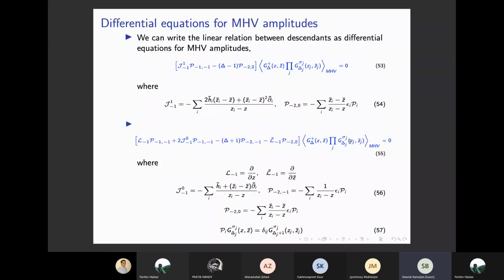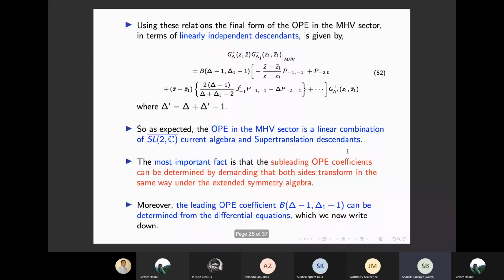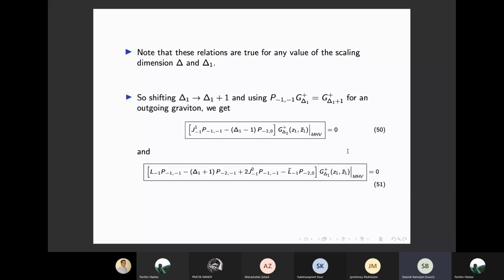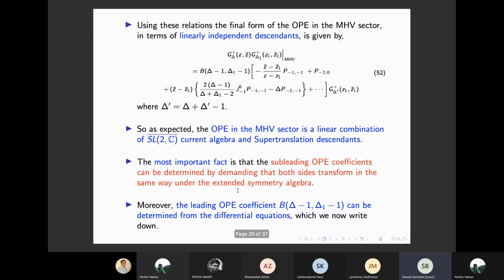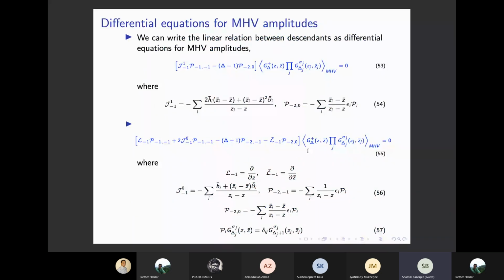Suppose you have an n point amplitude, and then you have n minus 2 positive helicity gravitons, and you get n minus 2 such differential equations for this n point function.